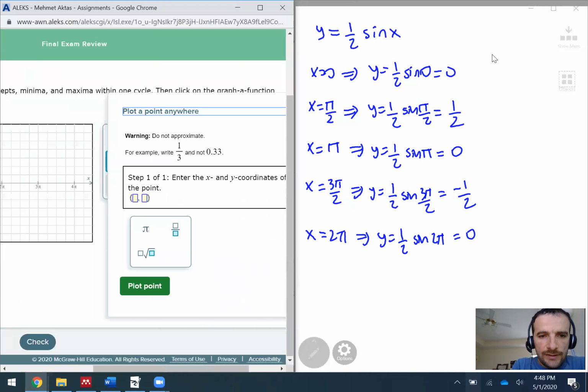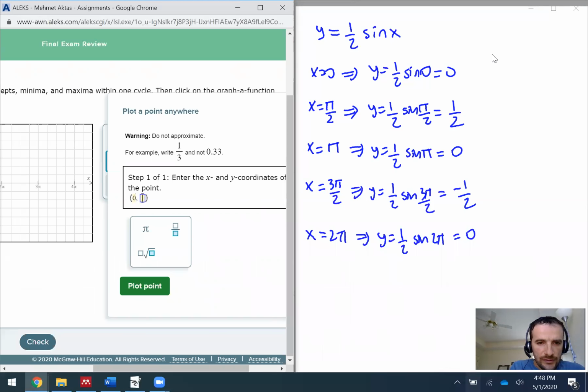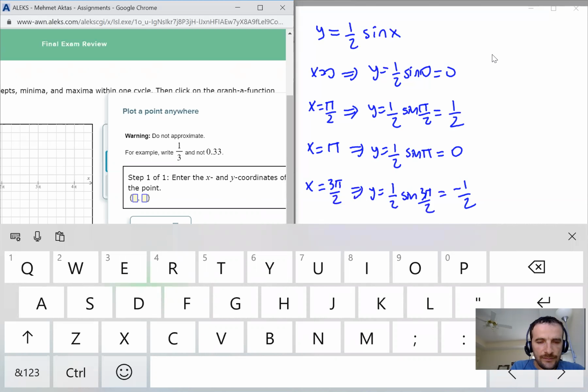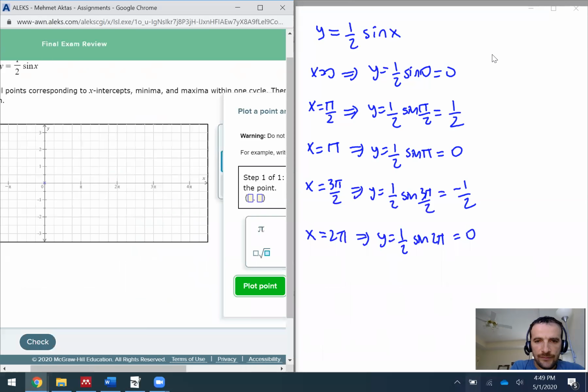After getting that, let's put some points here. What are the points? From the first part, x is 0, y is 0. Plot that point. As you see, we plotted that point over there.